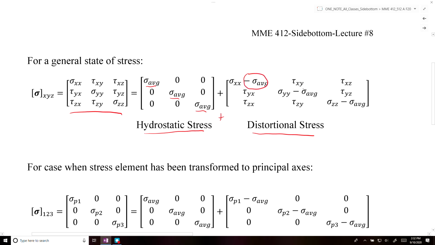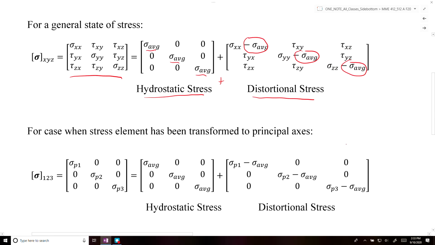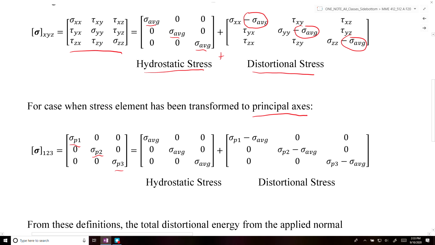In certain cases, if your stress element has already been transformed to the principal orientation, it only has normal stresses. So the hydrostatic stress would just be the average stress matrix along all the normal directions, and the distortional stress matrix just has the average stress subtracted from each of the principal stresses.